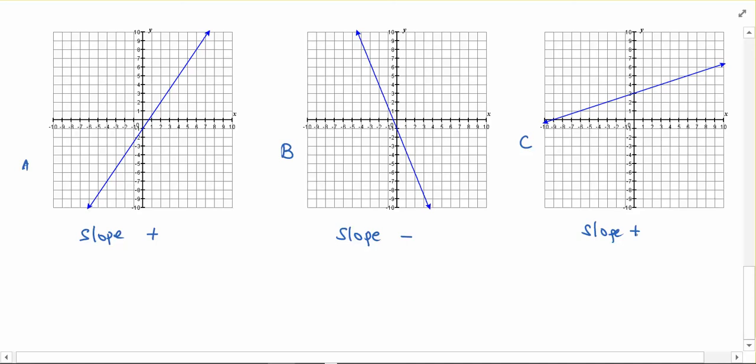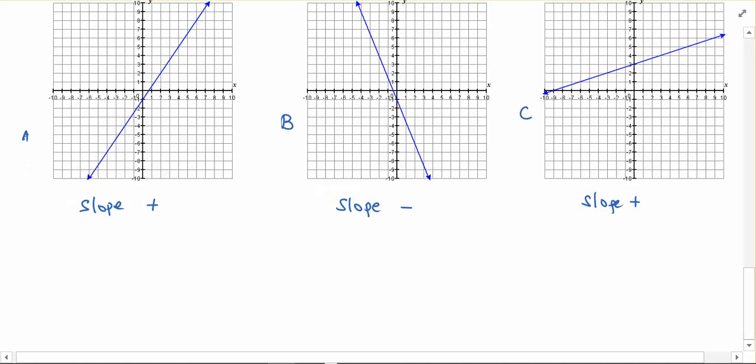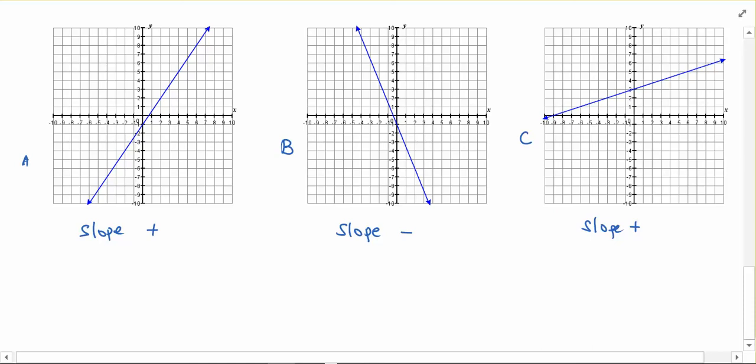And of the three slopes, if I'm going to estimate, I would say that the slope of B is the steepest.